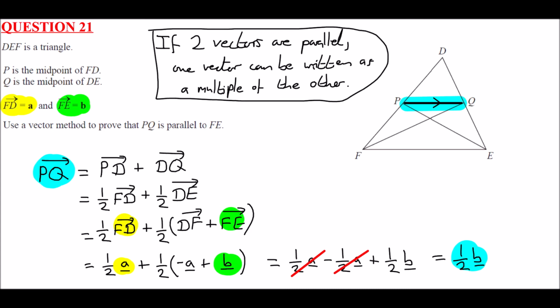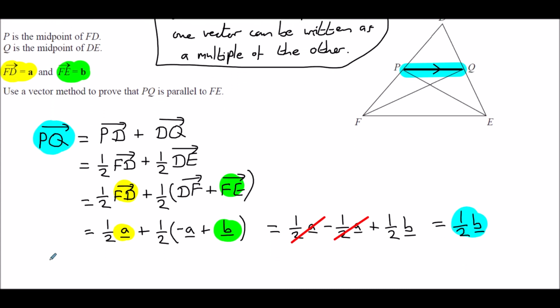So therefore we can conclude by just putting this into words. Because from P to Q is half of the vector from F to E, in other words, half of B, PQ is parallel to FE.